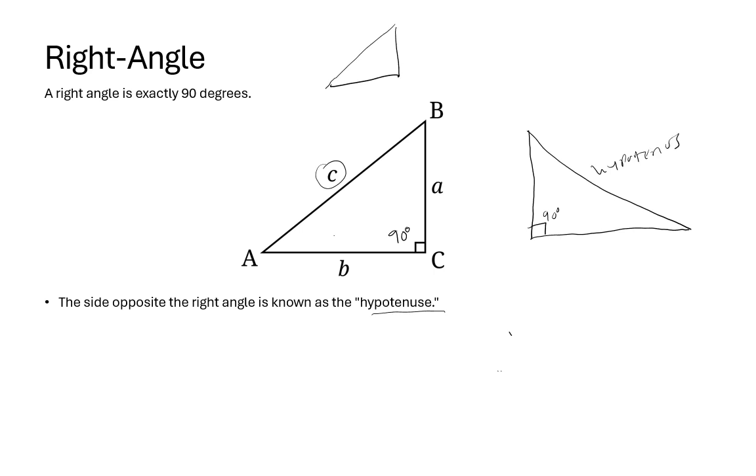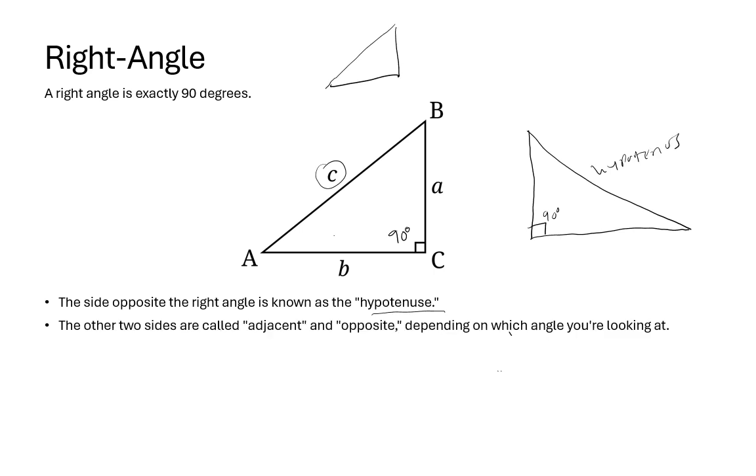The two other sides are called adjacent and opposite. This adjacent and opposite depends on the angle that you are looking at. Suppose we are looking at this angle, maybe call it theta. Then we look at what is opposite this angle. The opposite is this. We already have our hypotenuse here.